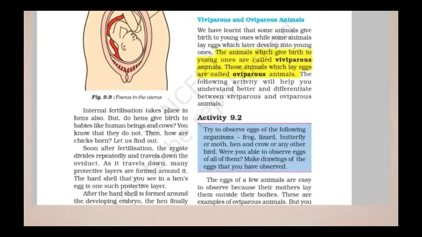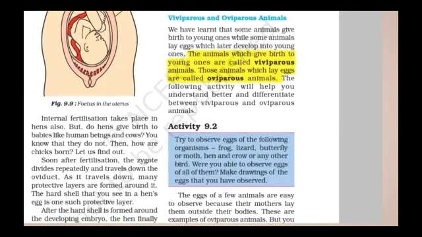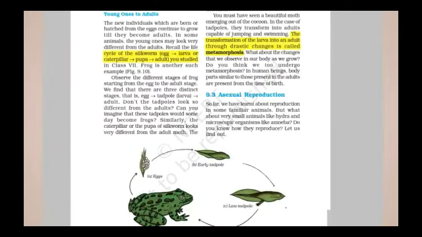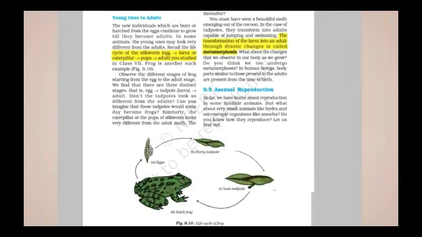There are also viviparous and oviparous animals, where viviparous animals give direct birth to the young ones, whereas oviparous animals lay eggs. Though fertilization happens inside, after the laying of the egg, embryo development happens outside the body. For example, in the frog you can observe an important characteristic called metamorphosis.